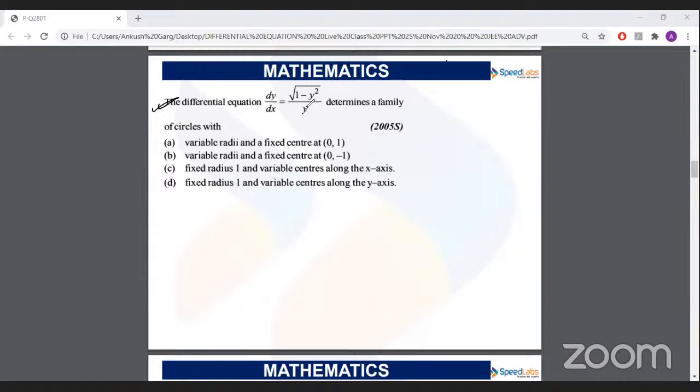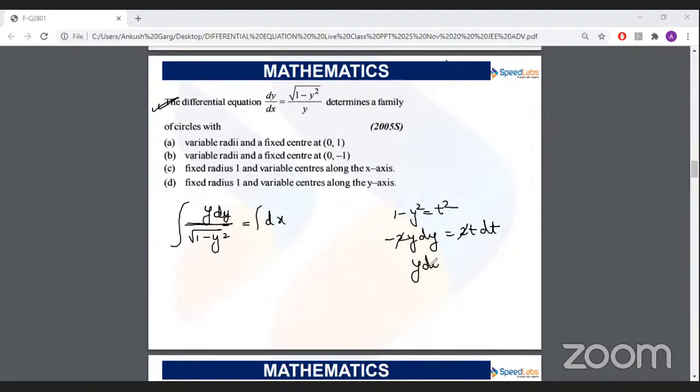Solving the differential equation, you can directly see it's variable separable, right? You'll cross multiply, convert it into this form, and then you can integrate directly. So now to solve it, you'll use the substitution method. You'll substitute 1 minus y square as t square. So that will give you minus 2y dy as 2t dt. 2 and 2 are gone.